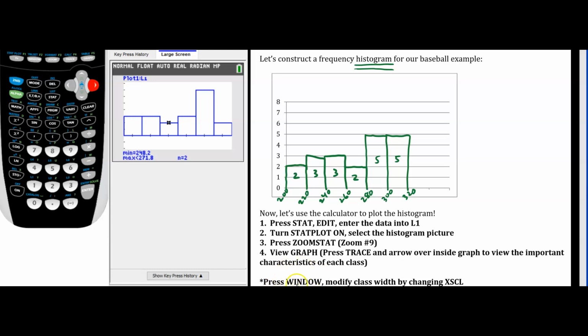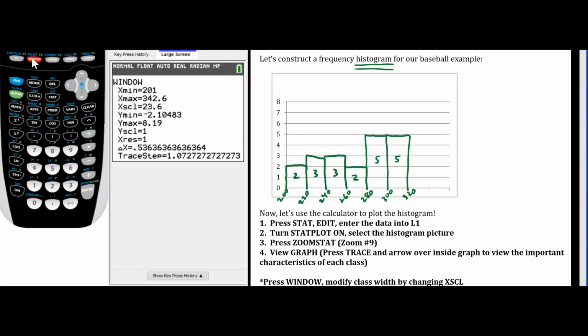We can press the Window button, and we can modify the class width by changing X scale inside Window. So if I press Window at the top next to the Y equals menu, I'm going to modify, where is it? Here it is, X scale. So they actually have a class width of 23.6, and in our example, I created a class width of 20. So let's be consistent with my example. But I also have to change my X min.